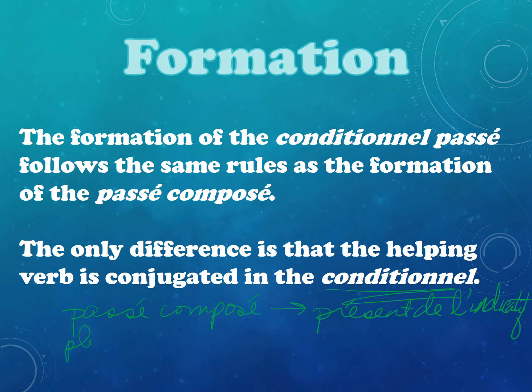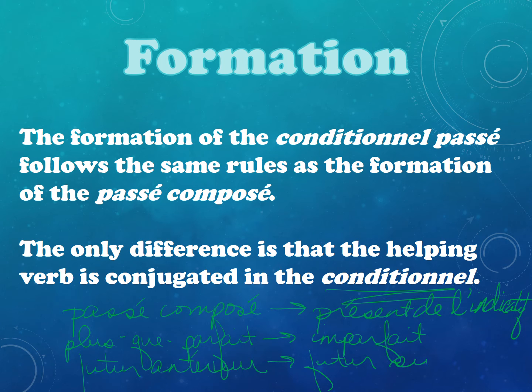In the plus que parfait, something that happened before the passé composé, your helping verb is conjugated in the imparfait. And if you are using the futur antérieur, something will have happened, then your helping verb is conjugated in the futur simple. And with the conditionnel passé, something that would have happened, your helping verb is conjugated in the conditionnel, and that's what we are working on now.